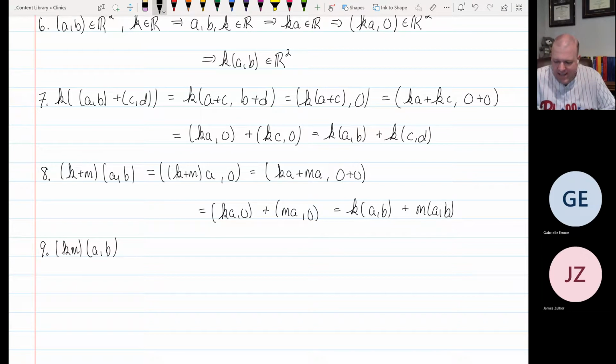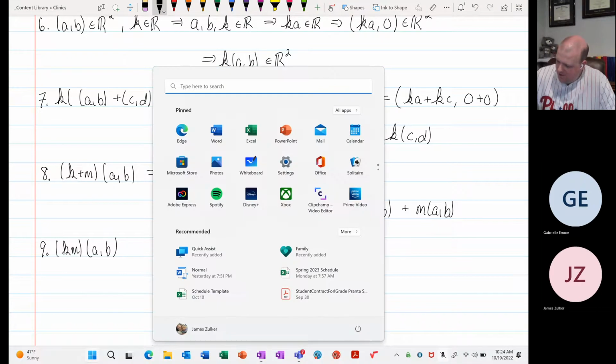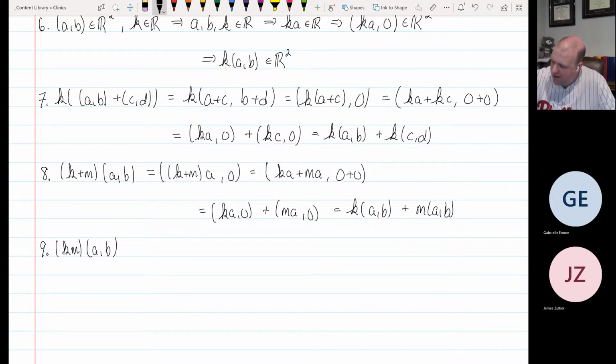This is the same as K times M times AB, so we're allowed to just multiply all of our scalars together. So by the definition of scalar multiplication, we get K M A comma 0.